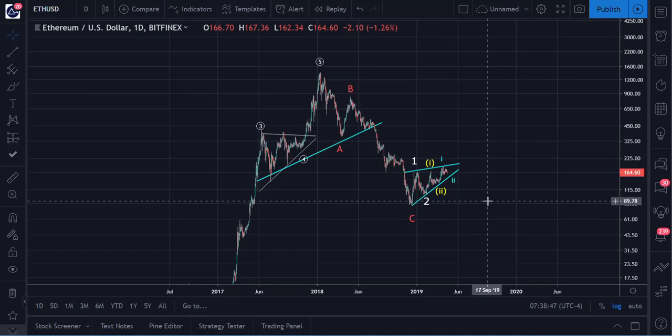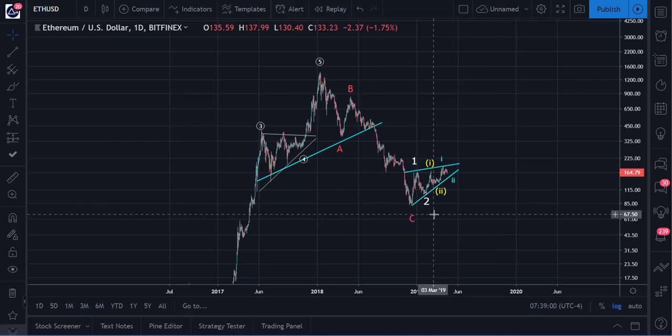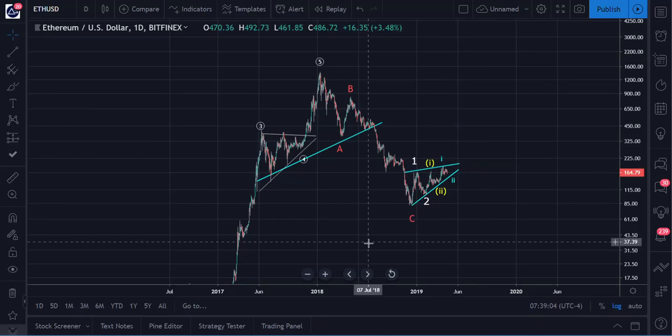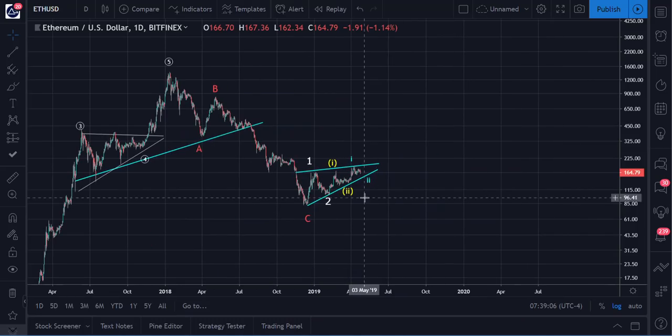So, if we have the CME futures, now I'm sorry, I keep saying the CME and that's been done and over with. If we have the Bitcoin futures rolling over and resetting, then this price will probably decline a little more towards the lower blue line and touch it and then explode.